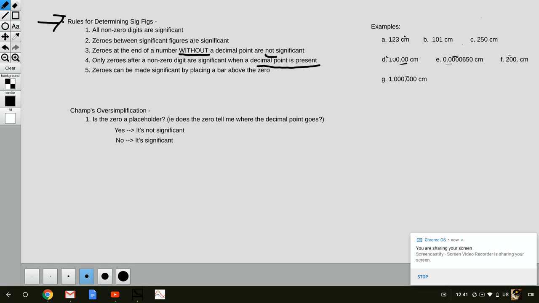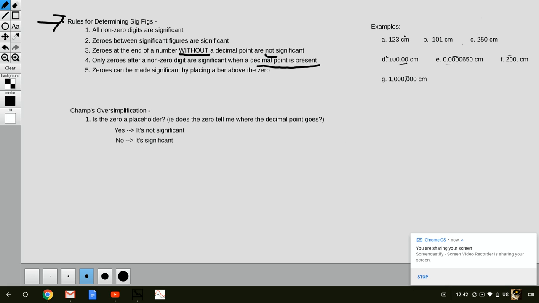The oversimplification is simply, is the 0 a placeholder? In other words, does the 0 tell me where the decimal place goes? If the 0 is a placeholder, it's telling me where the decimal point goes, it is not significant. If it doesn't, that 0 is part of the measurement, it is significant.